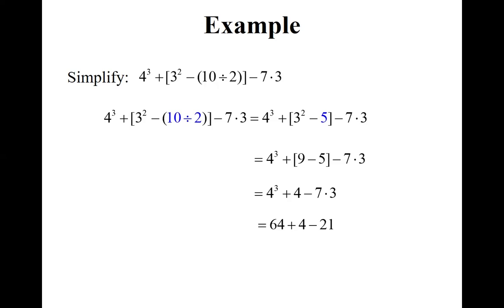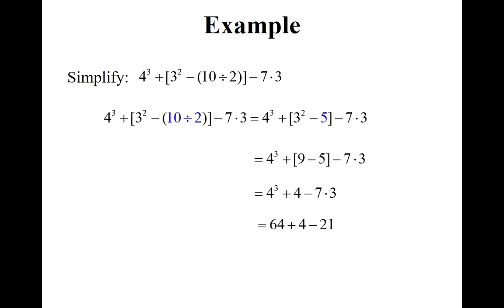But if you wanted to make that 2 separate lines, if you wanted a line in between there that said 64 plus 4 minus 7 times 3, that's perfectly fine. The more steps you write, the less likely it is that you're going to make a mistake. So the more steps, the better.